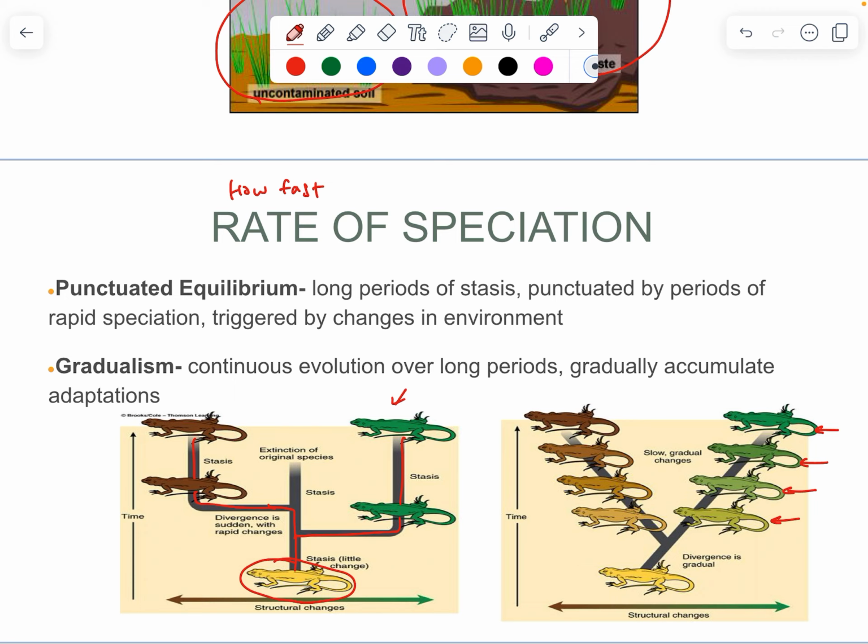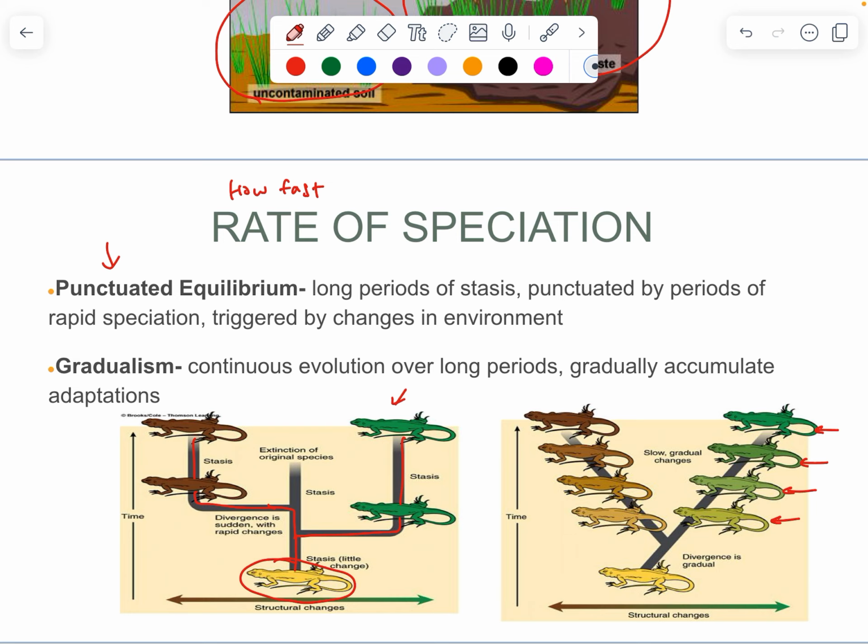And the idea behind punctuated equilibrium, the evidence behind it, is actually from the incomplete records of fossil evidence. So when scientists are digging up fossils and studying them, they were not able to find all these intermediate species. Rather, the fossil evidence that they found seemed to rapidly jump from one form to the other.